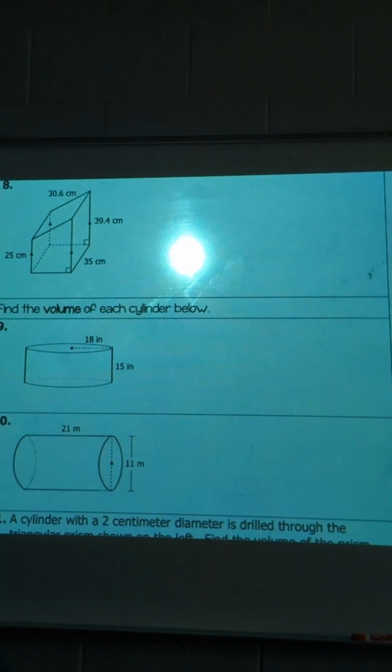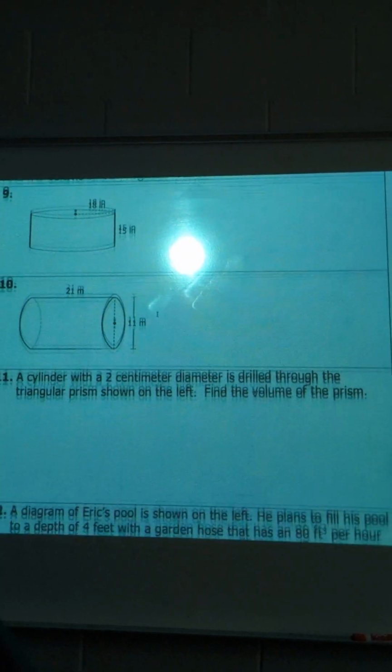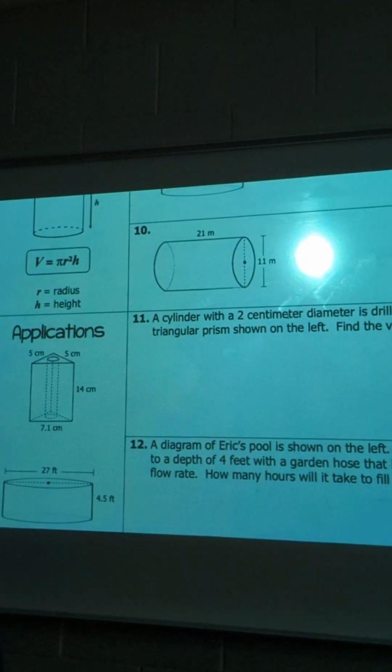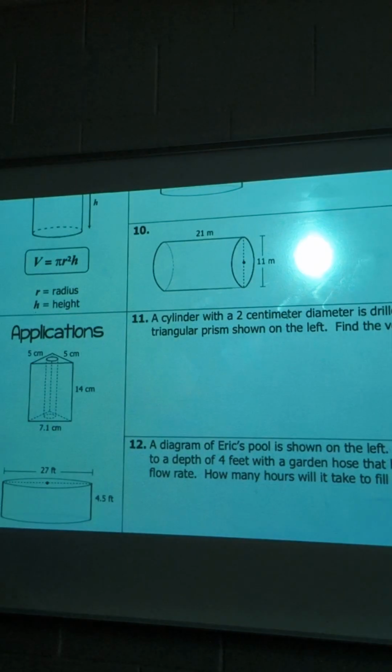So number 11, it says a cylinder with a 2 centimeter diameter is drilled through a triangular prism shown on the left here. Okay. So this cylinder is drilled out, and it wants me to find the volume of the prism.